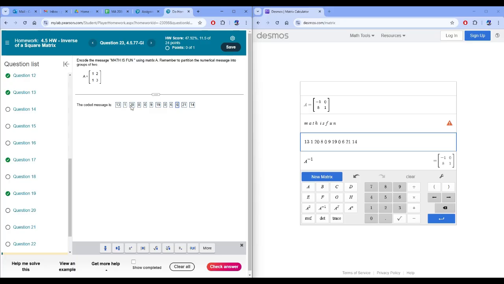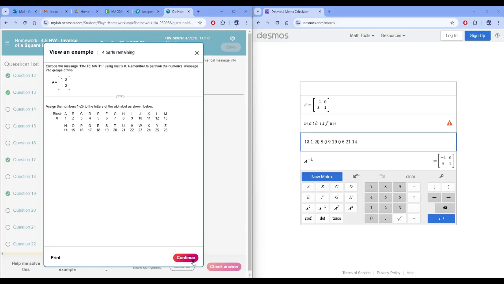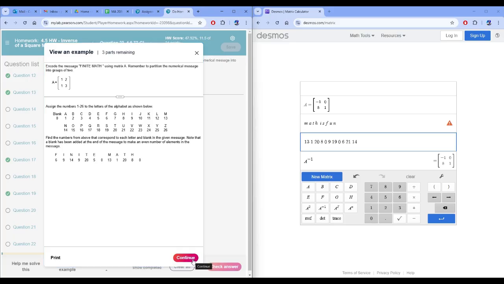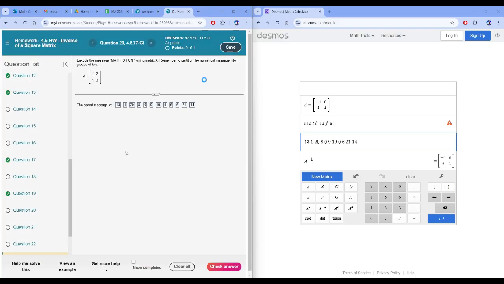One, two, three, four, five, six, 7, 8. No, what's this? What am I in groups of 2? Where did I get confused? Oh, they want a 0 at the end? Who puts a 0 at the end? Seriously, who does that? This is a 14. That makes no sense.